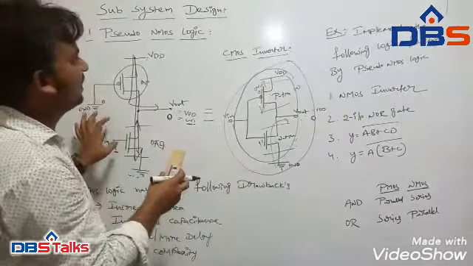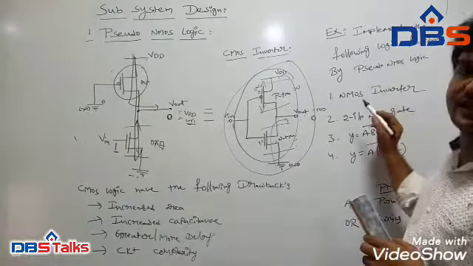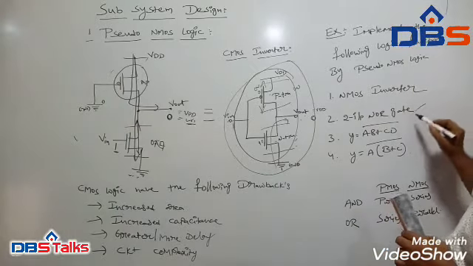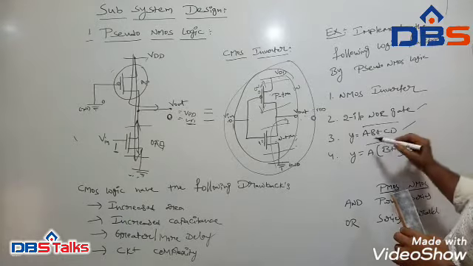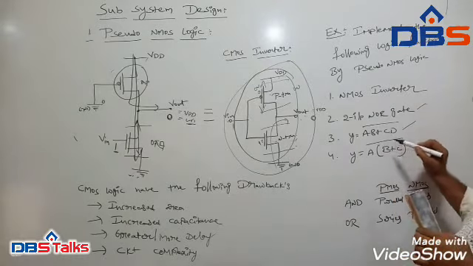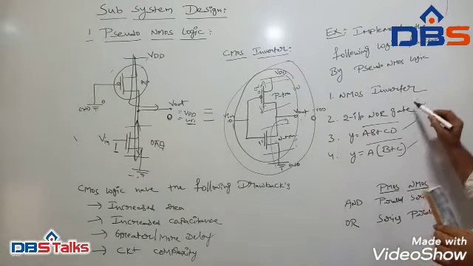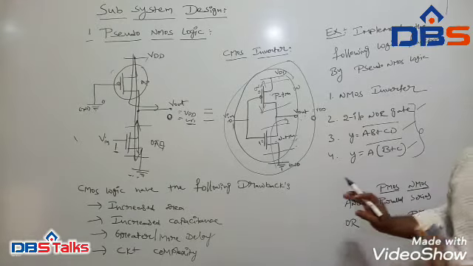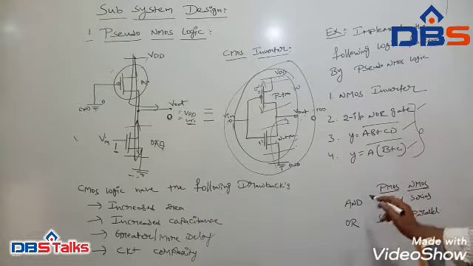So this is about pseudo NMOS logic, and we can also implement different logic functionalities, such as a 2 input NOR gate, Y equals (AB plus CD) whole bar, and Y equals (A(D plus C)) whole bar. To perform these logic functionalities, we have to remember 2 conditions, that is, how to connect.